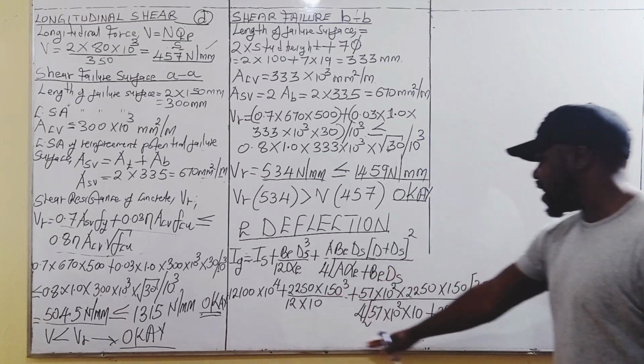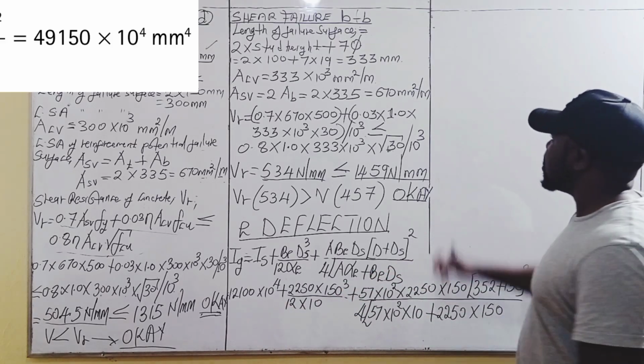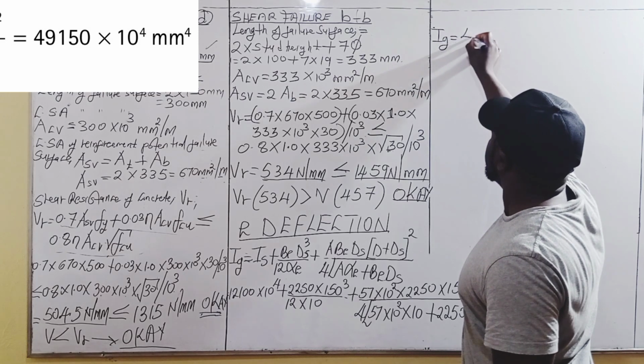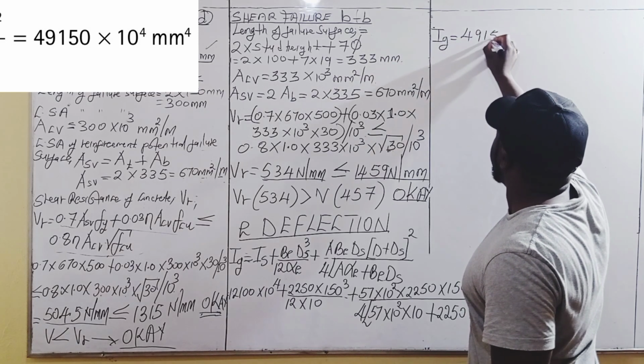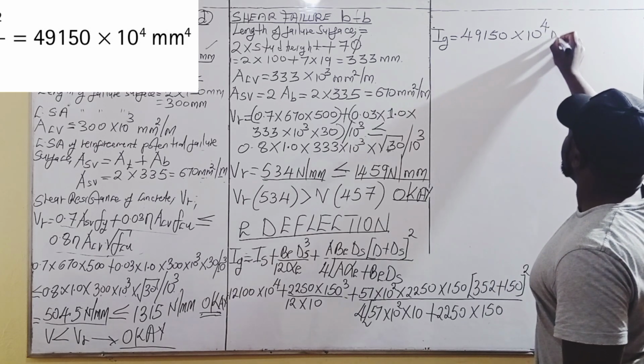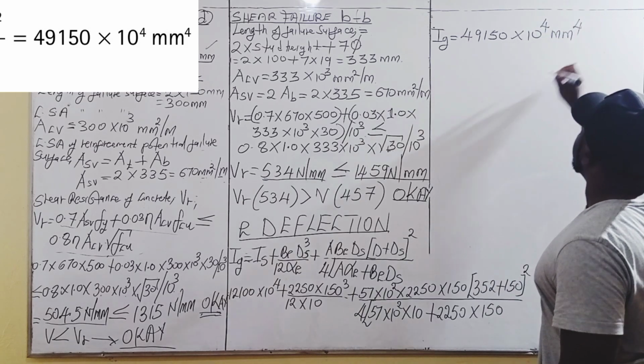So when we carry out the whole of this calculation, it is going to give us IG, which is 49,150 times 10 raised to the power of 4 millimeters raised to 4.